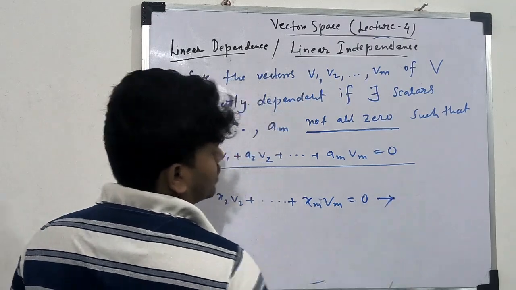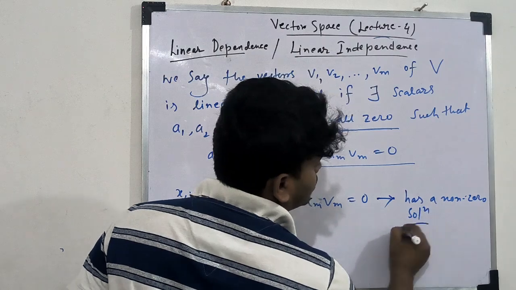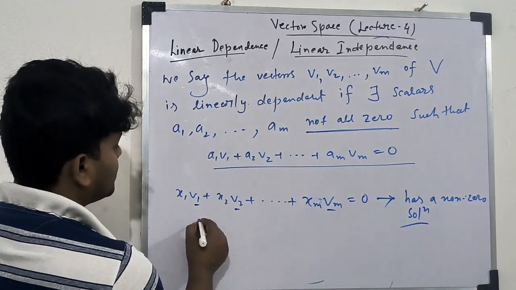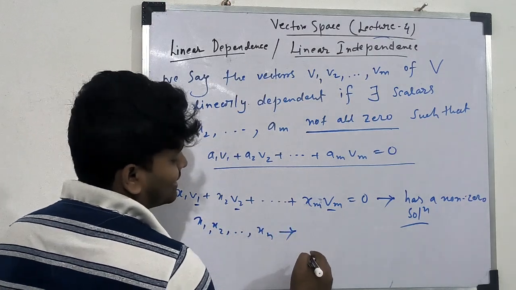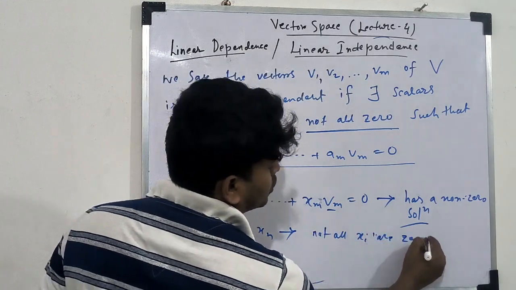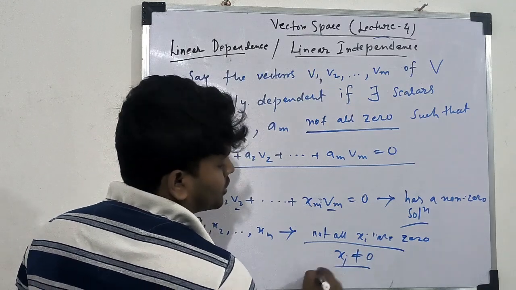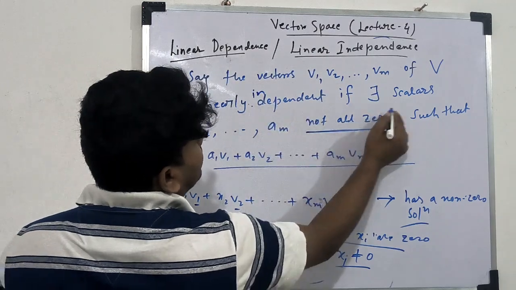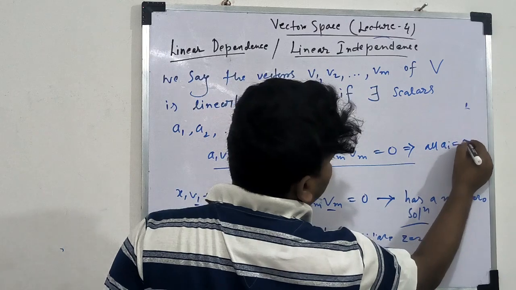Okay, so you can say in other words, x1 v1 plus x2 v2 plus dot dot xm vm equal to 0. If this equation has a non-zero solution, then we call these vectors linearly dependent. Non-zero solution means x1 x2 dot dot xm can be found in such a way that not all xi are 0, so there will be at least one xj which is not equal to 0. Otherwise we say the vectors are linearly independent if there exist scalars such that this equal to 0 implies all ai equal to 0.